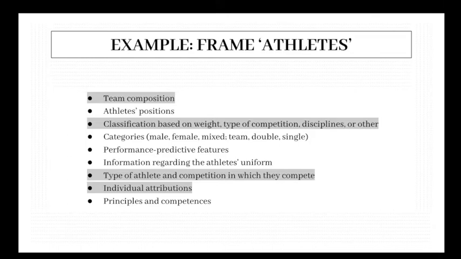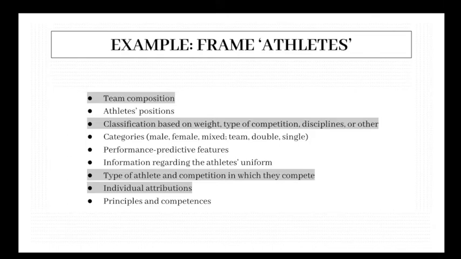To illustrate the results of the analysis of the definition content, we show here the content list for the frame athletes, which is composed of information such as team composition, athlete's position, classification based on weight, type of competition, disciplines, categories, performance predictive features, information regarding the athlete's uniform, type of athlete and competition in which they compete, individual attributions, and principles and competencies.